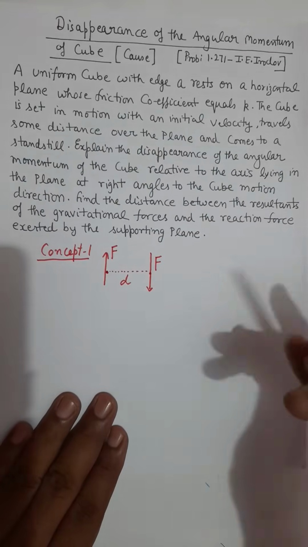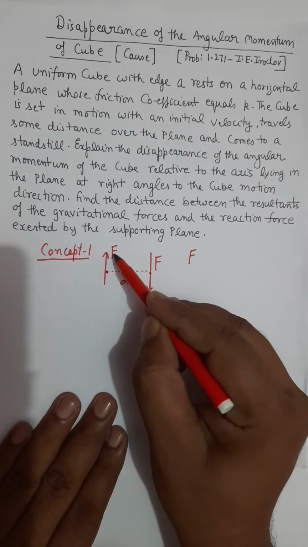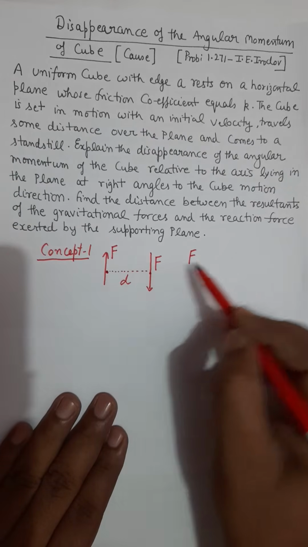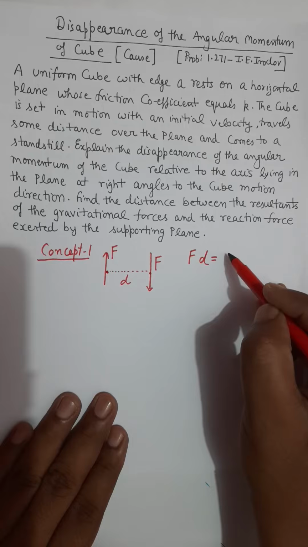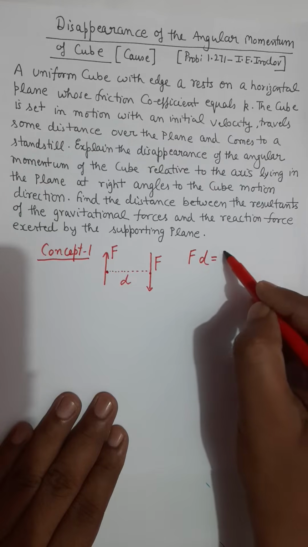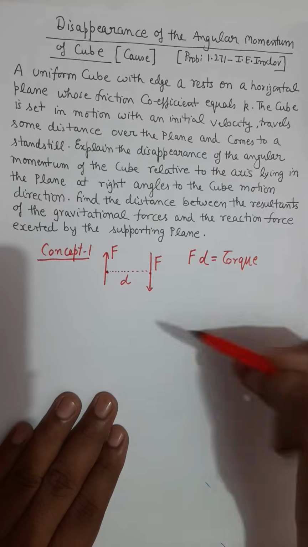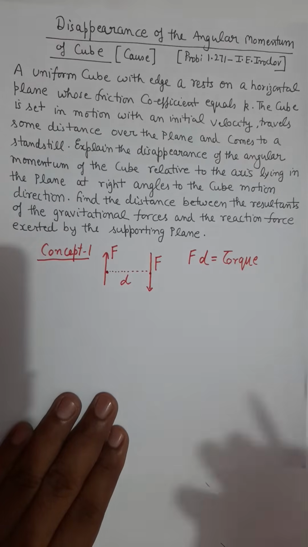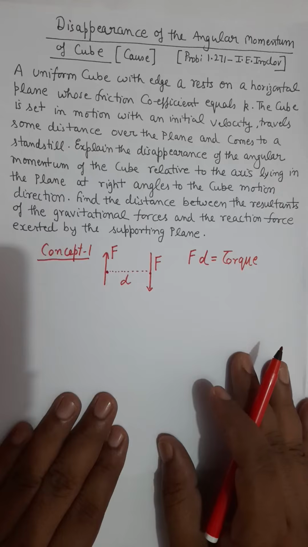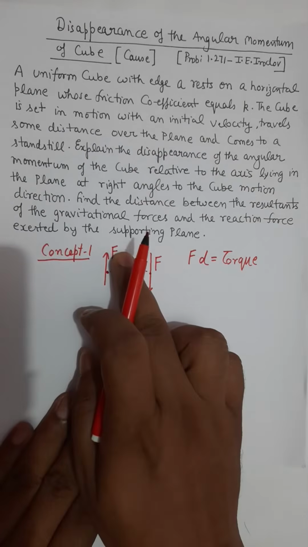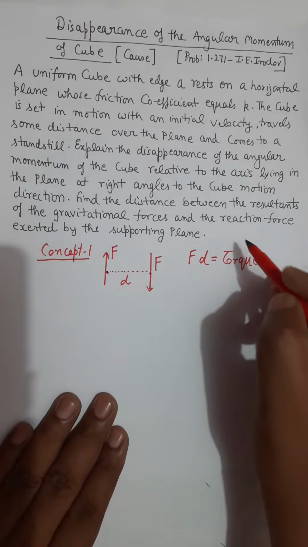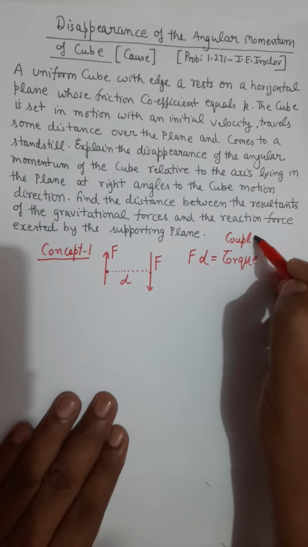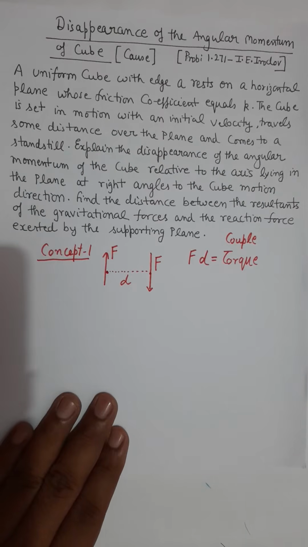then we say that F, the product of the magnitude of force F and the separation d, defines a torque, or better, you can say it is a couple of the forces. You call it torque, or couple of forces, moment of force, you can give it any name. And the most important characteristic is, when two forces are equal in magnitude and opposite in direction, they produce a couple or a torque which is always independent of reference frame.